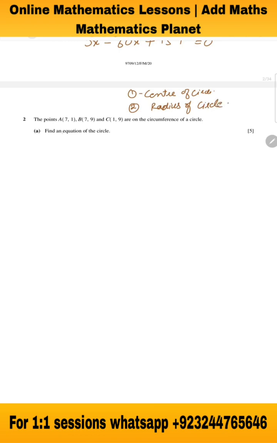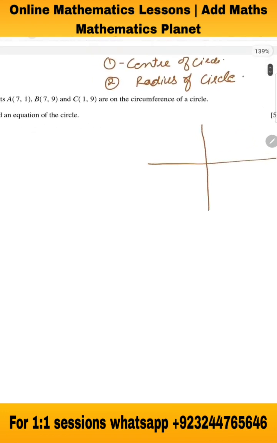Okay, so the points A, B, and C are on the circumference of the circle. So let's draw the circumference. Point A is 7, 1.